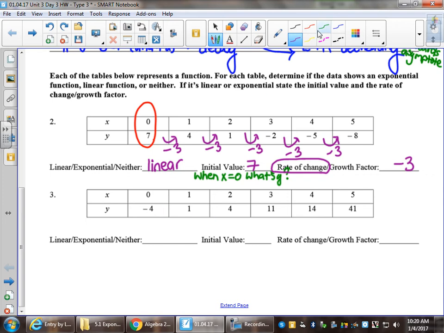To get from -4 to -1, I would add 5, but then 1 to 4, that would just be adding 3. So right away, I know that this is neither. If it's neither, there's nothing else I can do, but please show me some kind of supporting work to show me why you're saying it's neither.